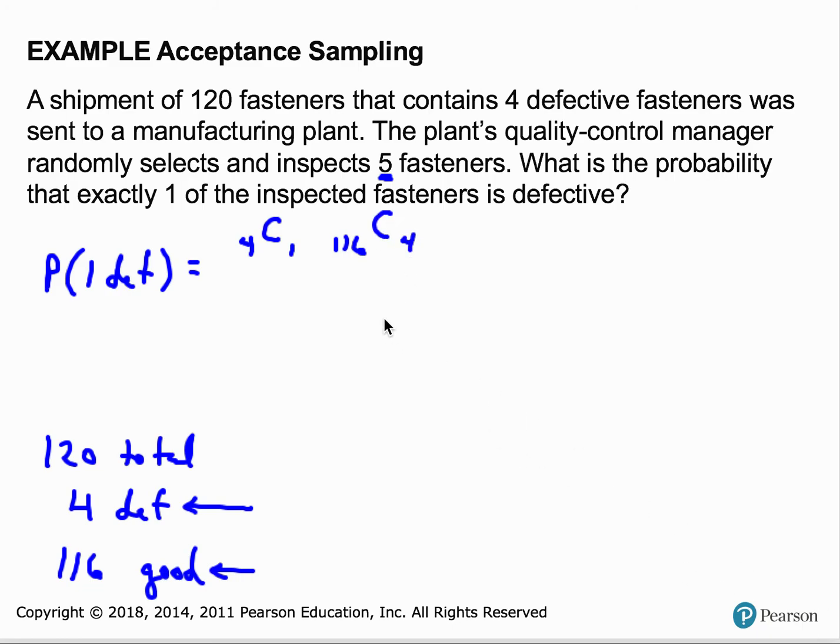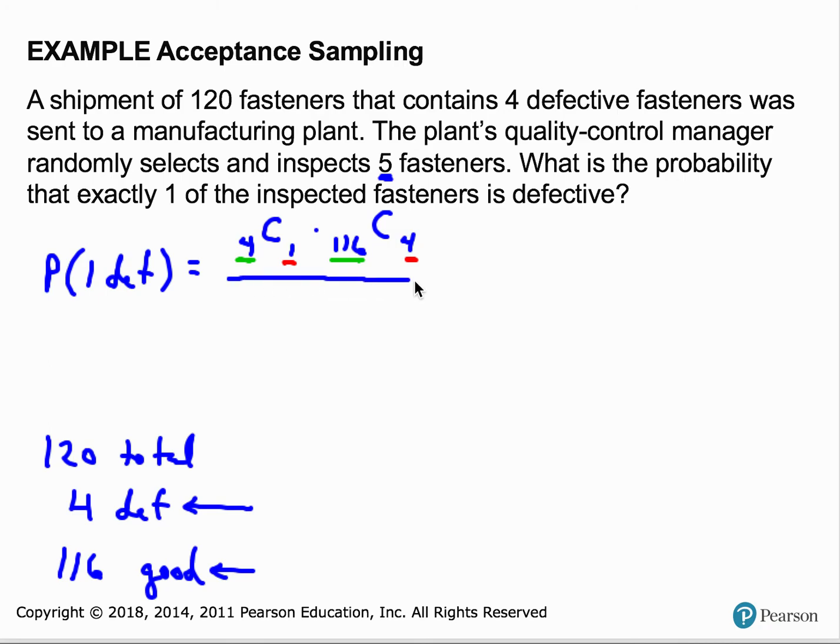So notice what has to happen here is this is my 5, and this is the 120 that I'm choosing them out of. All right, now remember our fundamental counting principle. I don't add these together, I multiply them. When you're counting the number of ways something can happen, you multiply them, don't add them.